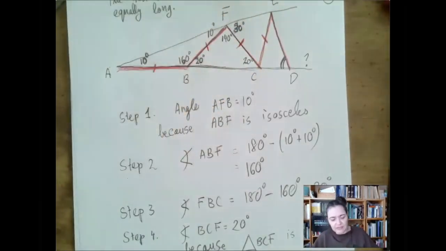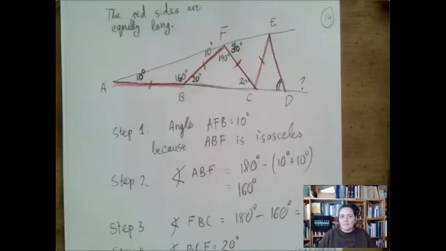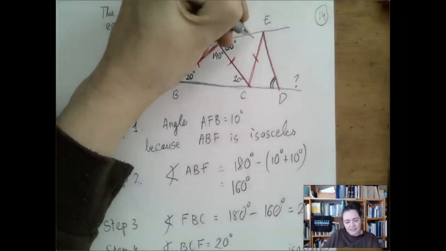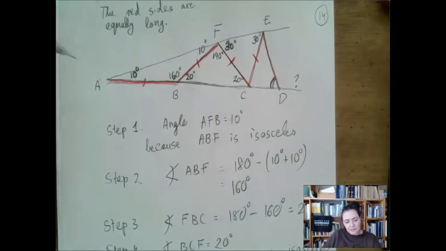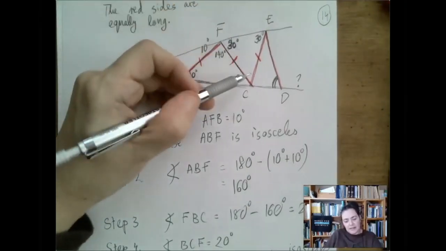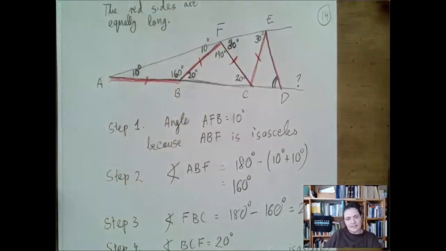Now, what can we find next? Angle FEC. It's also 30, right? Bad picture. This would have been a much better problem if this is a 20. And then this angle is how much? 130. 130, 120.